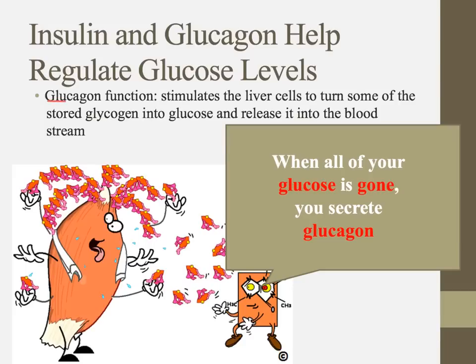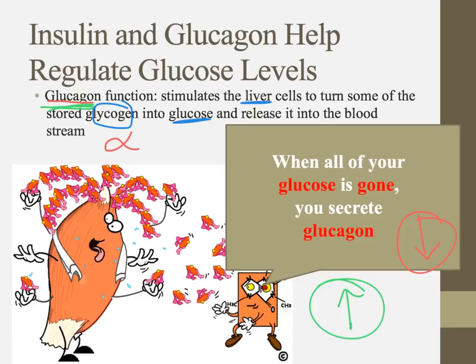Now, glucagon, which again is released by those alpha cells of the pancreas, does the exact opposite. This is going to happen when your blood glucose levels are already really low, so glucagon needs to function to bring them back up. That's what it's trying to do. And it does that by stimulating the liver cells to take some of the glycogen that they have in store, cut it into glucose, and release it into the blood.